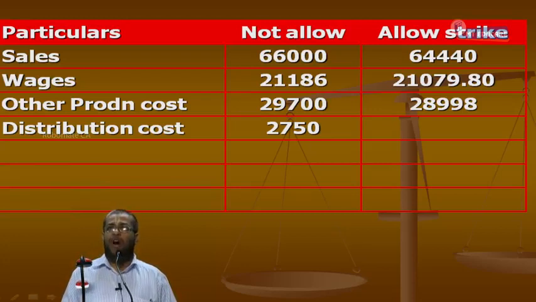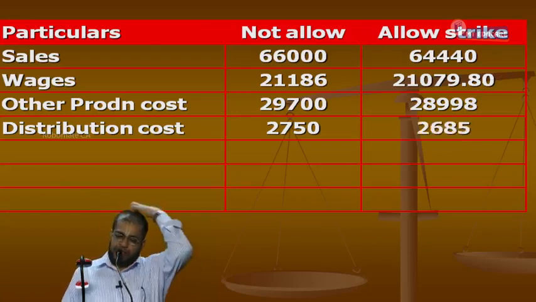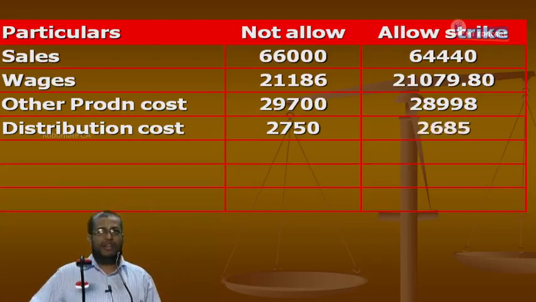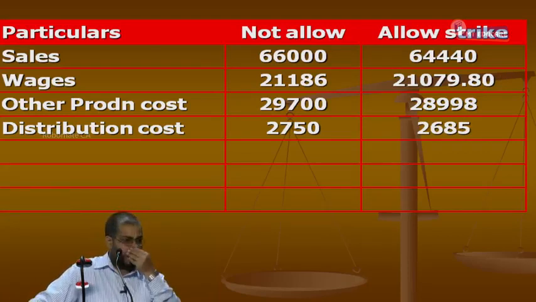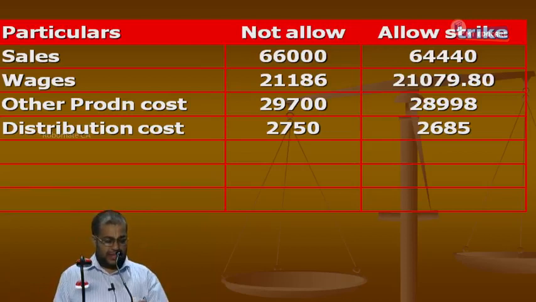All the numbers are in what? Thousands. Now, allow strike. How many missions? 26,850 into 100, 2685 thousands. That gives you 2685. Shall I proceed or not?